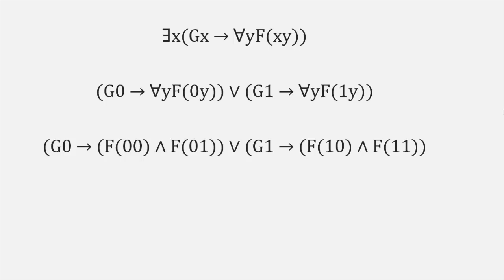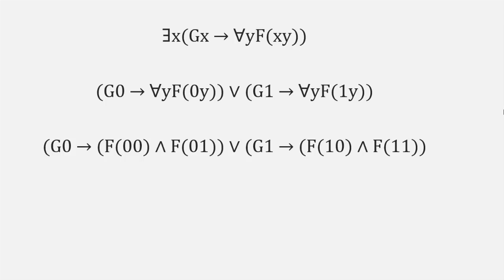On the left-hand side, I've replaced the x's with 0s, and on the right-hand side, I've replaced the x's with 1s. And then the quantifiers just drop away. So from the top to the middle stage, I've eliminated the existential quantifier by creating this disjunction.